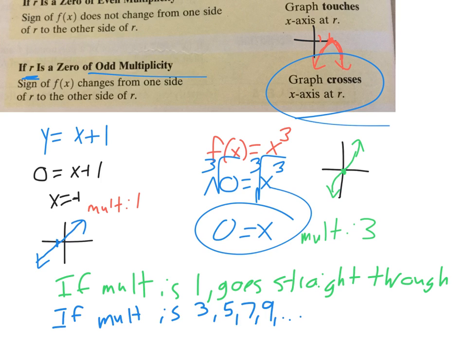Anything else besides 1 that's odd, then your graph is going to snake through. I know that my writing's not the best. I'm not a great note giver. But is that clear enough? You can make sense of that. Any questions about this?